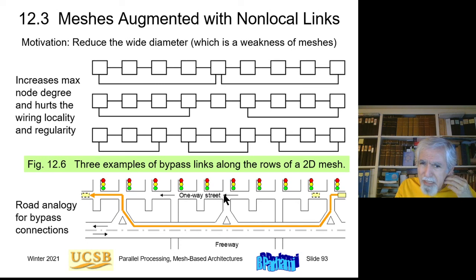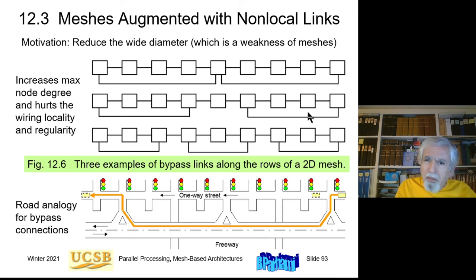And then I exit, and so if I want to go from this point on the one-way street to this point, I take the freeway, and then maybe a little bit on the one-way street. Similar here, if I want to go from here to, let's say, here, I take this shortcut, and then 1 or 2 steps maybe using the regular mesh links.